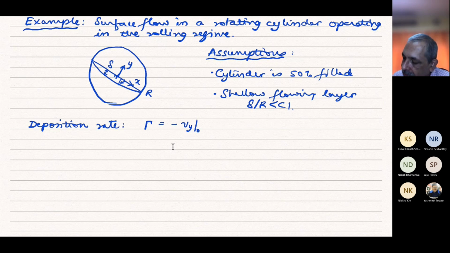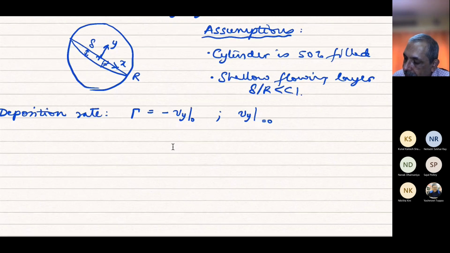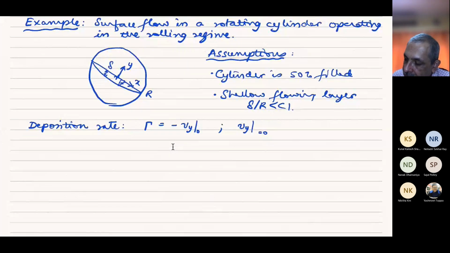And so this Vy at x equal to 0, at y equal to 0, is just equal to omega into x. Correct? So this is how the thing is rotating.